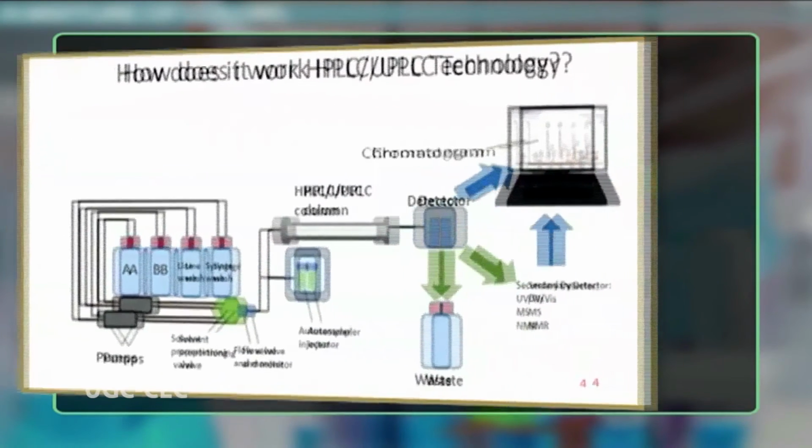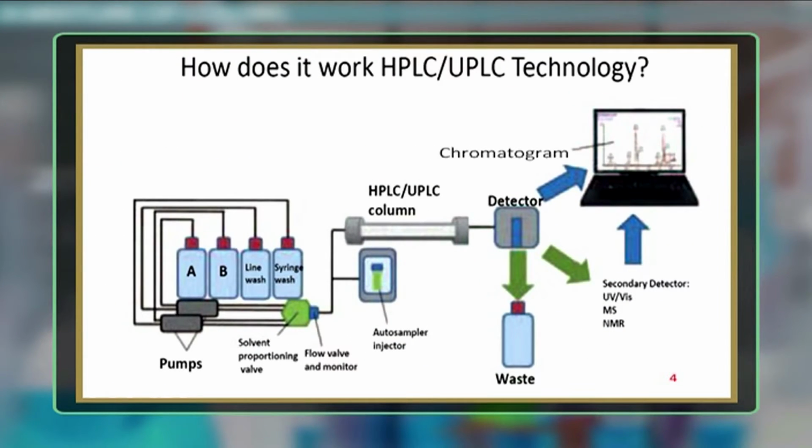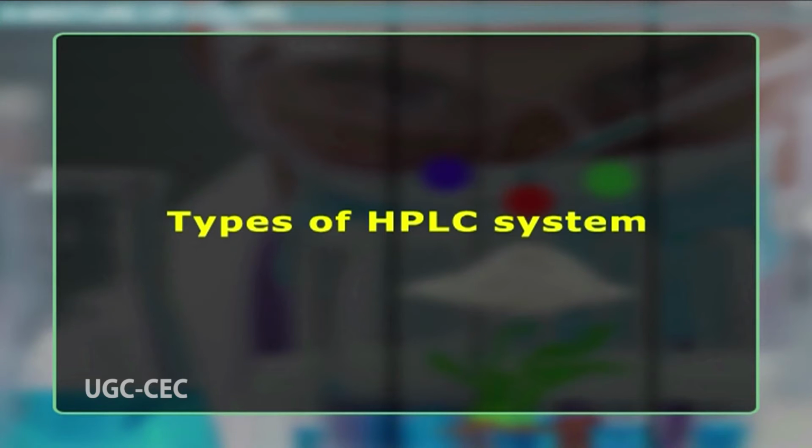Early developmental research began to improve LC particles, and the invention of Zipax, a superficially porous particle, was promising for HPLC technology. The 1970s brought about many developments in hardware and instrumentation. Researchers began using pumps and injectors to make a rudimentary design of an HPLC system.